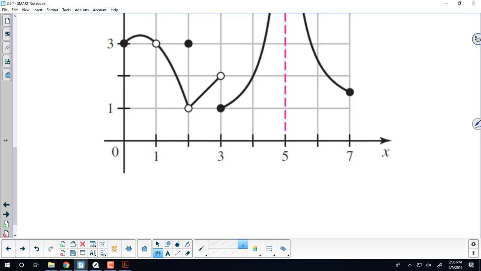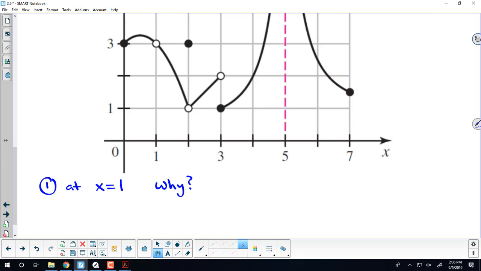X equals 1. Okay. At x equals 1, why is it not continuous? Open circle. Yeah, there's an open circle. f of a is not defined. Right, the first clause. We want to make sure that we're explicitly tying it back to the checklist.